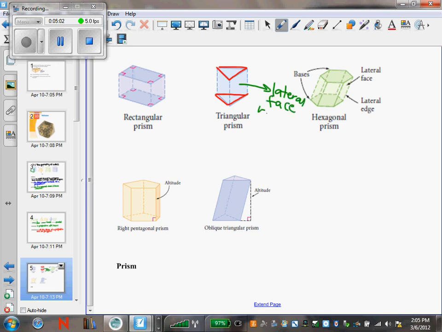And the top and the bottom, which are the same, are our bases. And then a hexagonal prism, now this isn't a right prism because it's not perpendicular to the base, but the top and the bottom are still hexagons. There's your lateral faces here, and then our lateral edges.